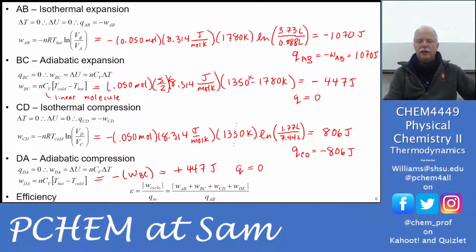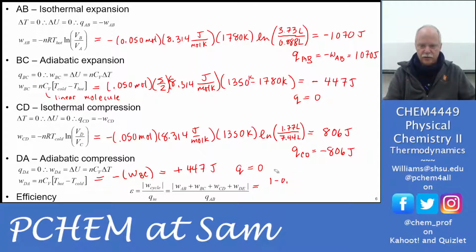So if we add all these together for the efficiency, we add all four of these for the net work. Okay, and we take the absolute value, so our efficiency is a positive number. So adding all of that up, we end up with the absolute value of, let me see, and it's 0.